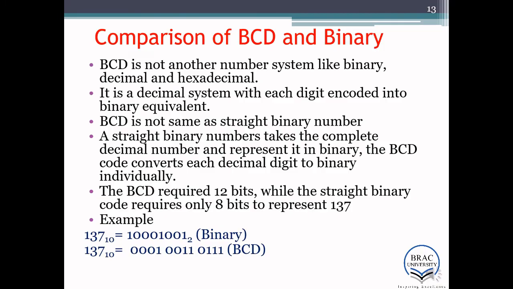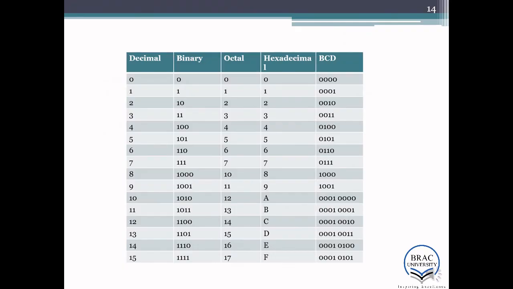This is the chart where you can see decimal, binary, octal, hexadecimal, and BCD numbers. So 0 to 15, this decimal you already know. For binary you need to know 0 to 15, like 15 is 1111, like 10 is 1010. You need to know all of this. For octal, 0 to 17 it becomes for 0 to 15 decimal.